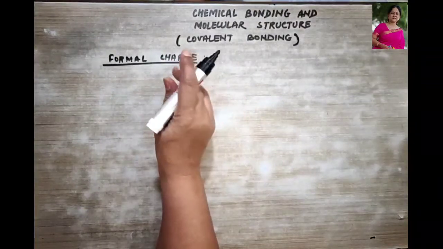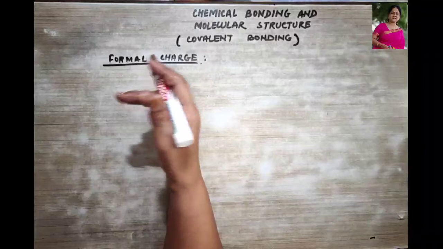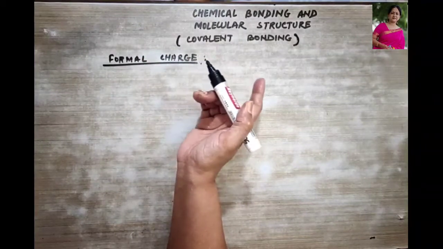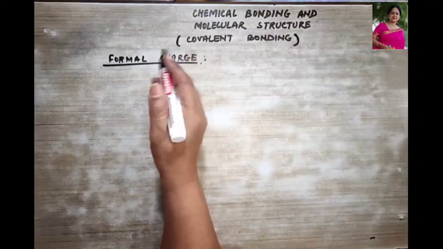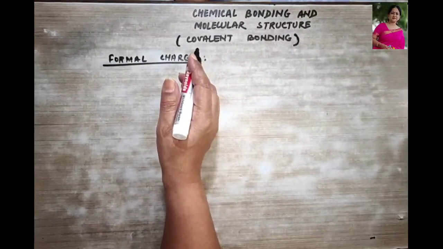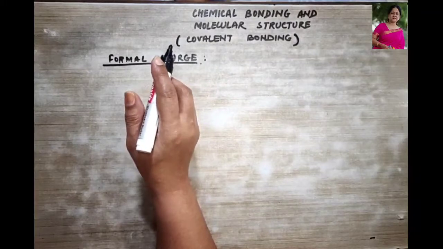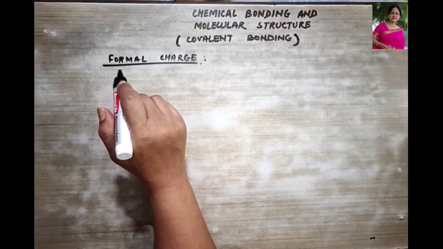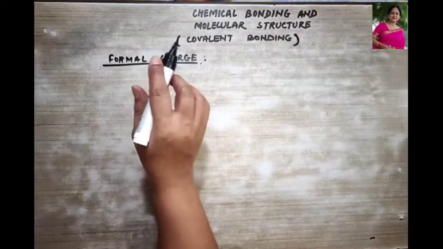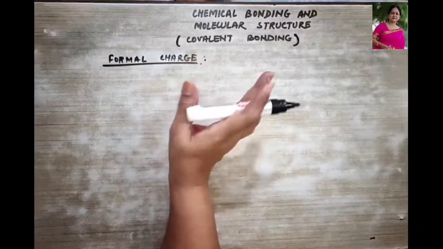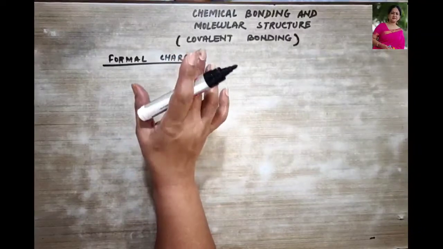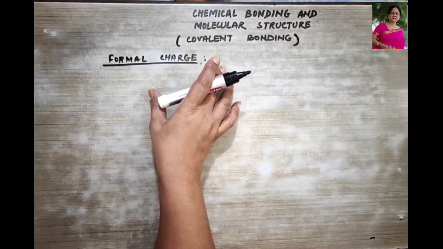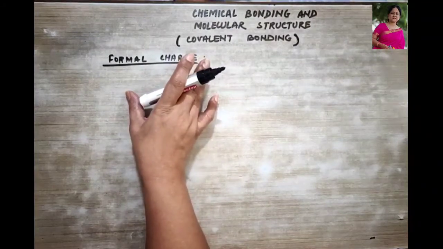That is called formal charge. Or in other words, we can define it as: the formal charge on an atom in any polyatomic molecule or ion is equal to the difference between the number of valence electrons possessed by that atom in the free state and the number of electrons assigned to that atom in the Lewis structure of the molecule or ion. So this is called your formal charge.